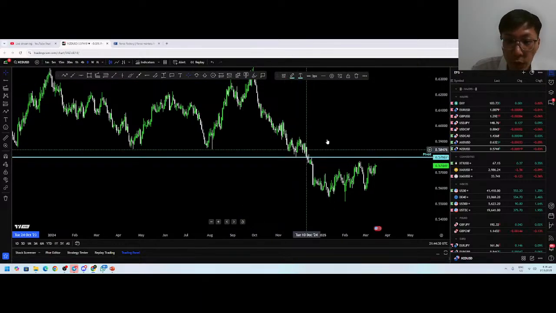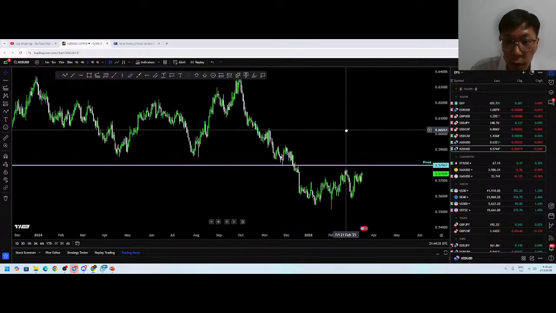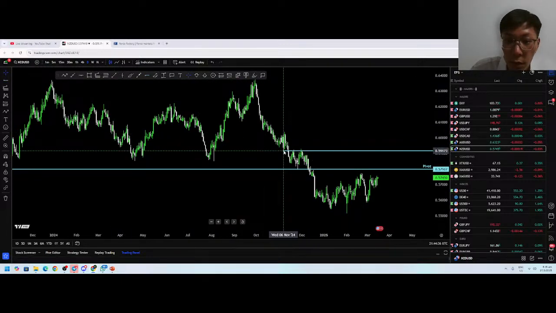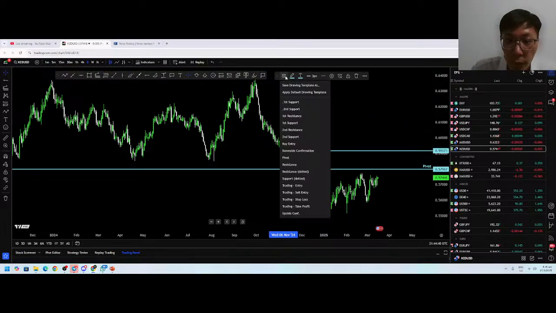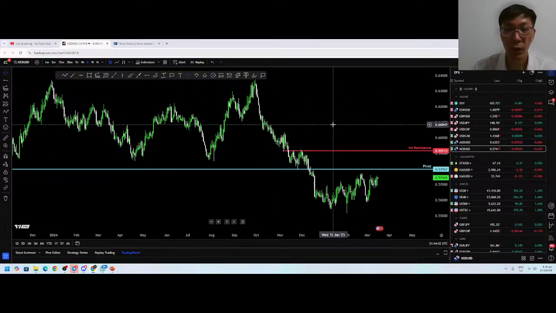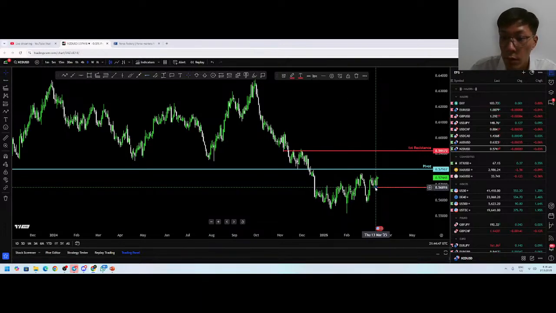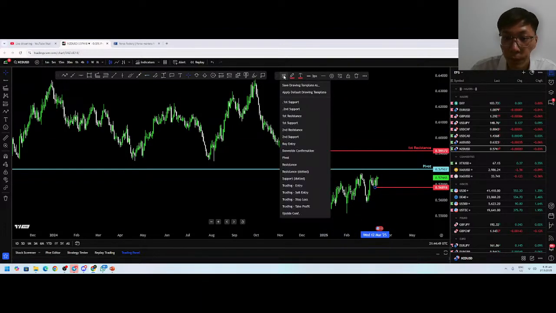Okay, this is our pivot point, and then where is our resistance level? Yeah, this is our resistance level. Okay, then this is our support level right here.